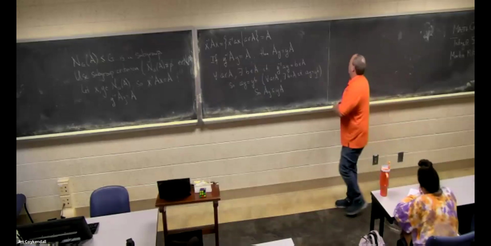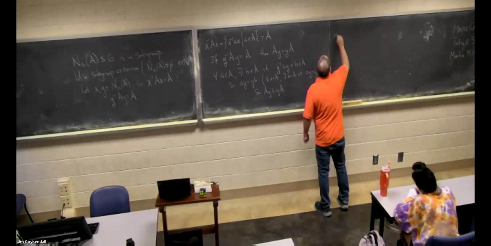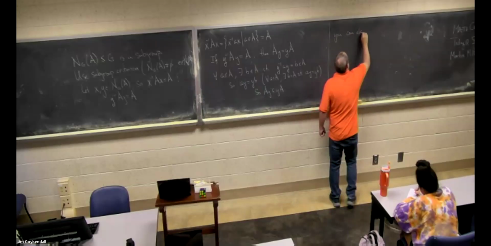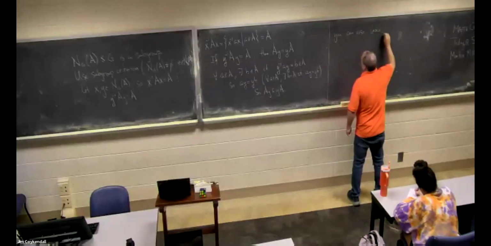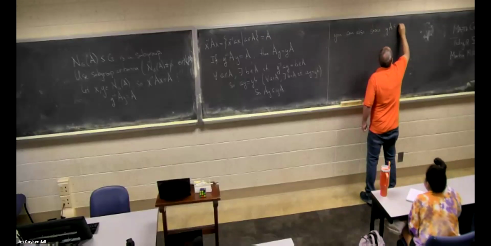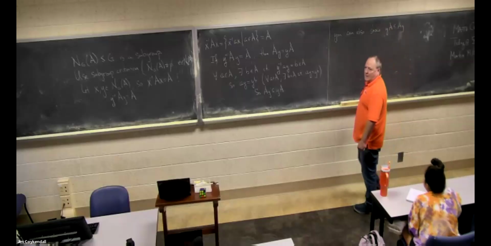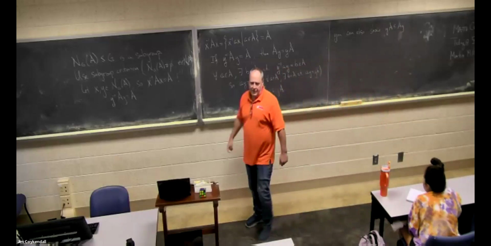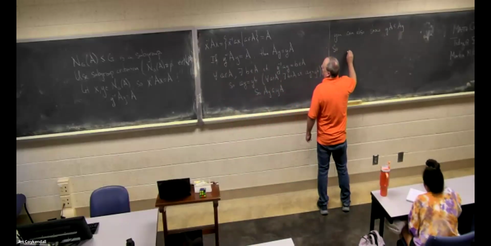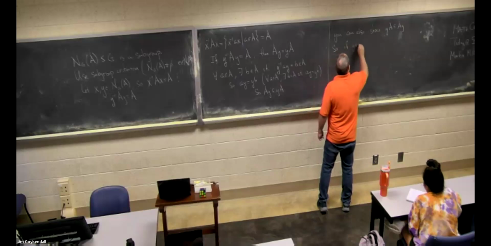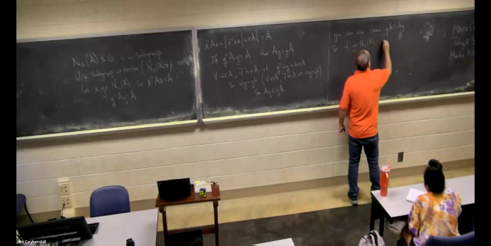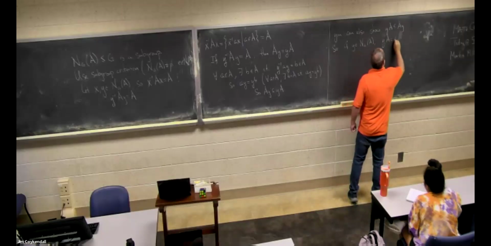Symmetrically, basically it's by the same process. So, if Y is in the normalizer of A in G, then YA equals AY.